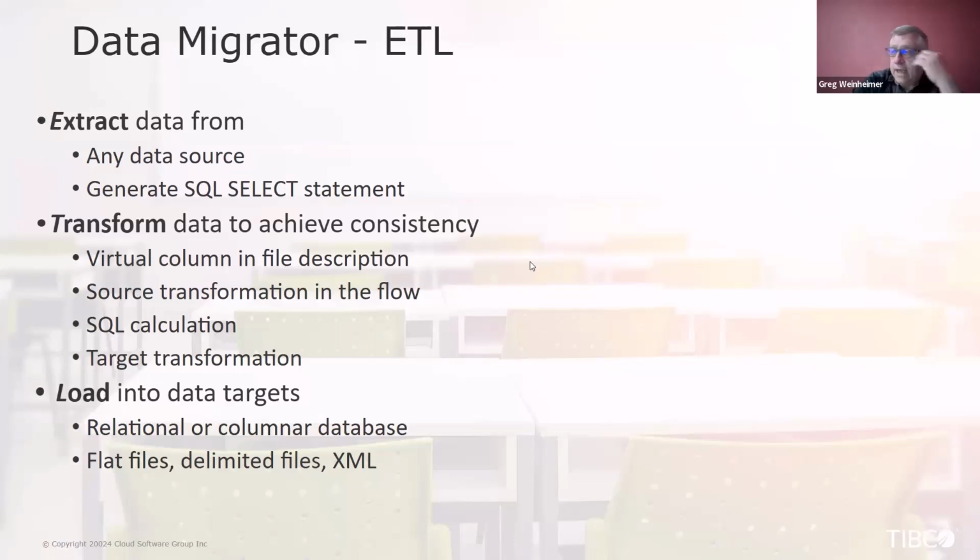And then it loads that data into a myriad of different databases and data sources: relational databases, columnar databases, XML files, REST. You can write a Data Migrator flow to load through a REST adapter.